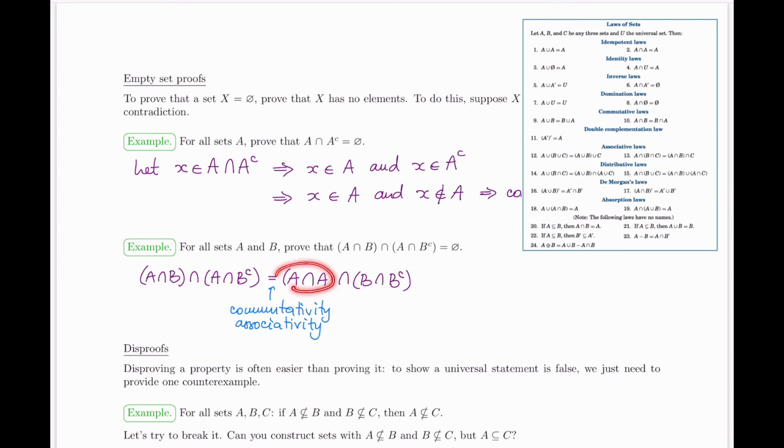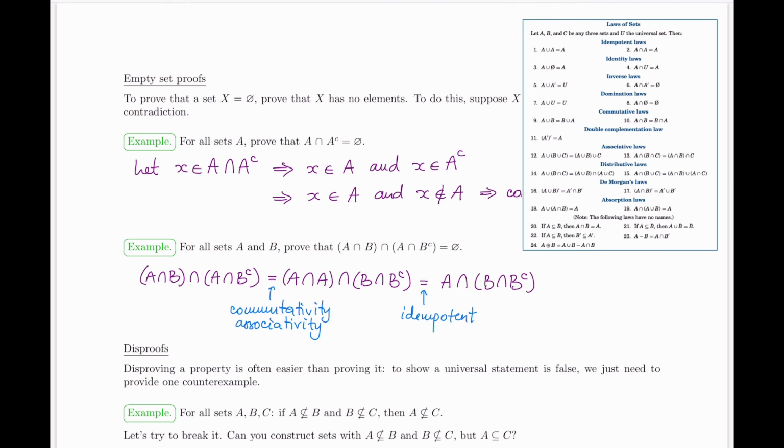What comes next is I see that I have A and A, or A intersection A, which appears right here in the idempotent laws. A union A and A intersection A is just A itself, so I can replace it here. So I'm going to have A intersection B intersection not B, and this was the equality that I was able to produce using idempotent laws.